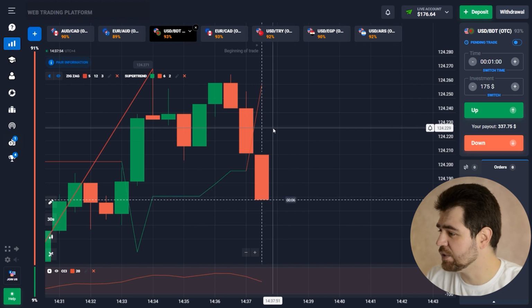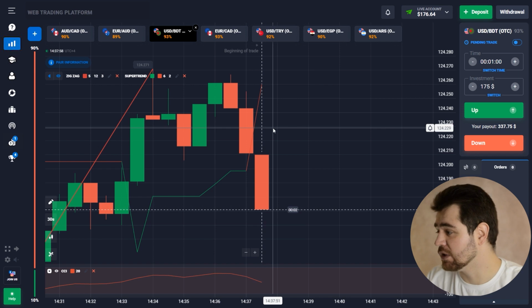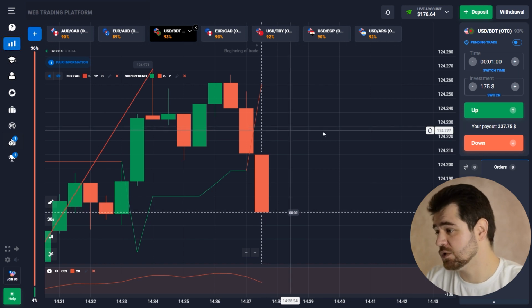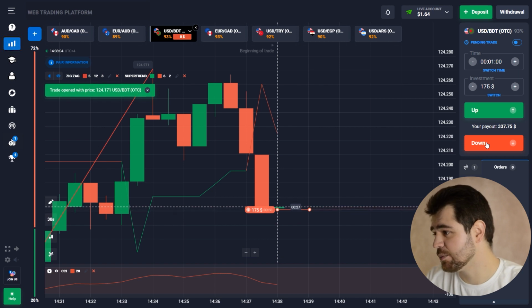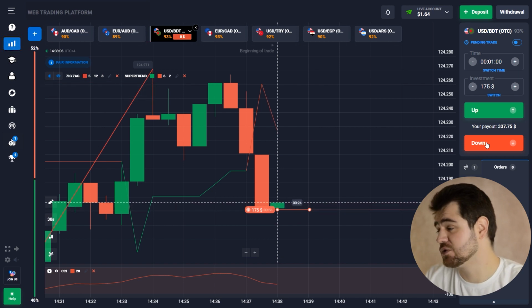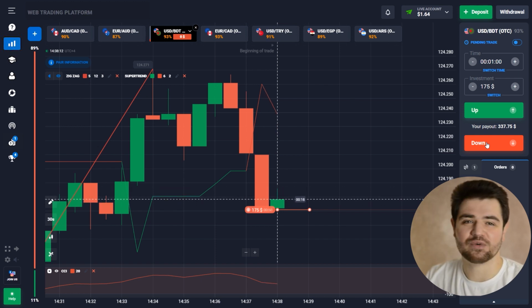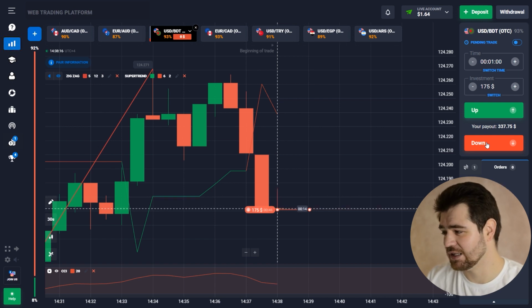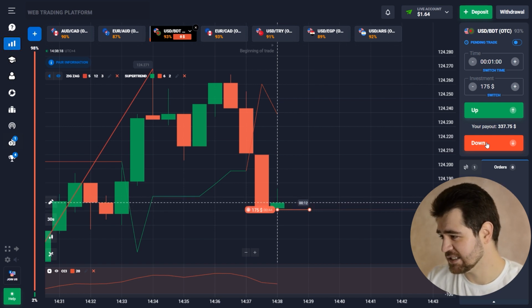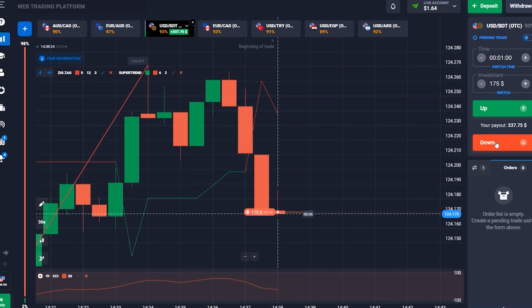Okay, so we broke down the Supertrend line, so that would be an indication for the short, and let's use that up. Zigzag is also not drawn yet, but I'm pretty sure it's gonna draw down. So let's wait for the result of this option. I'm sure it will be positive. Everything looks as if it's a correct decision, and we're gonna continue.